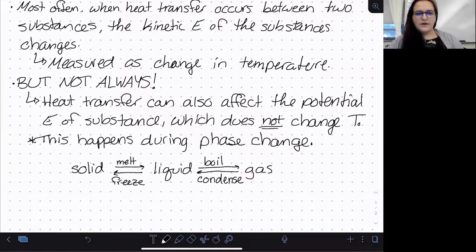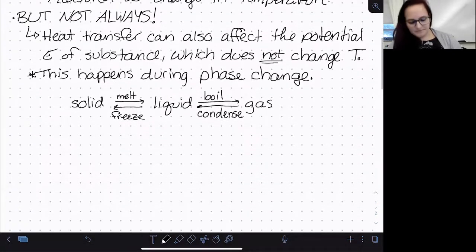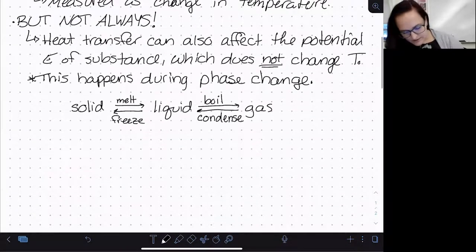So when we are melting something or boiling something, that requires an input of energy. Melting and boiling are endothermic.